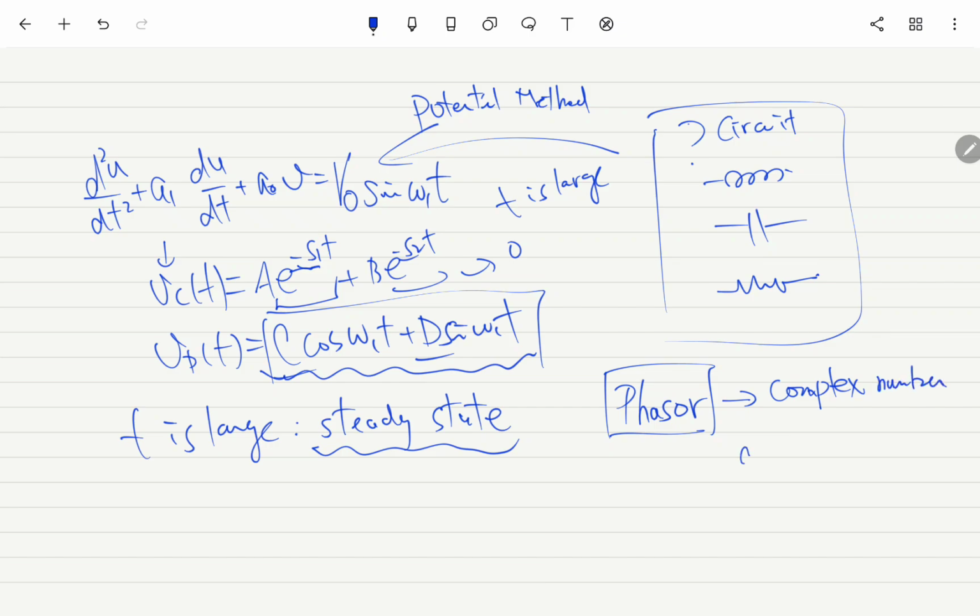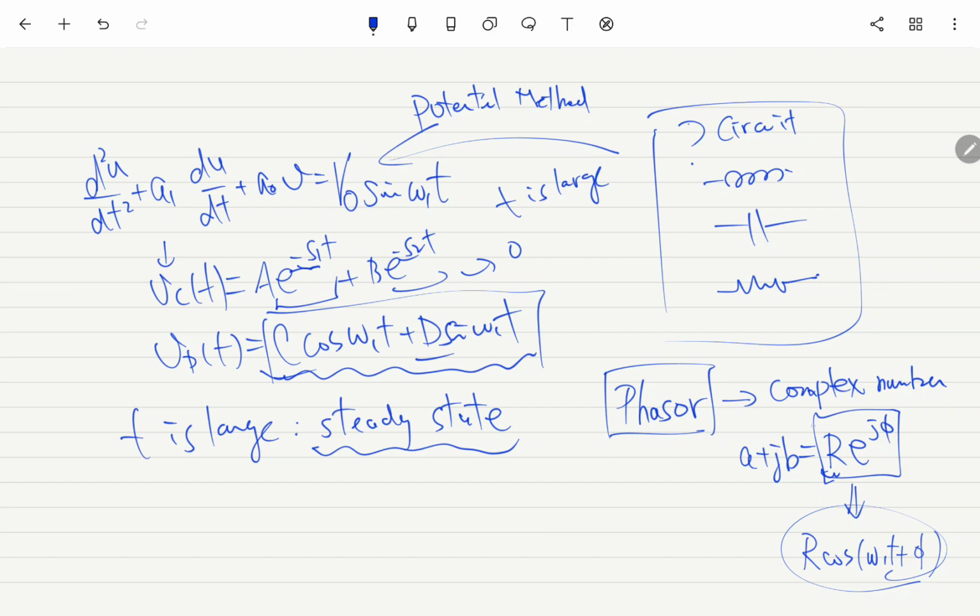Let's say it is a plus jb. You can represent it as r exponential j theta, which can correspond to a sinusoidal like r cosine of omega 1t plus phi. Solving the function will be more complicated, but calculating with this complex number will be easier.